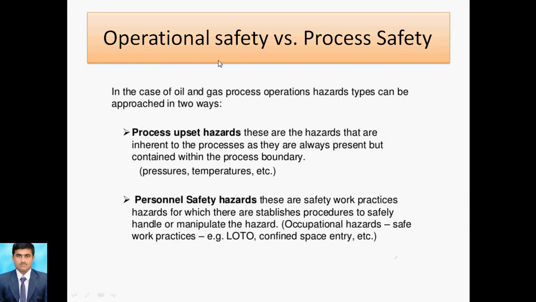That time we can take different hazardous conditions and study them. This is mostly in oil and gas processes. As per that, we can take personal safety hazards as well as operation safety hazards also. So this is regarding process safety management. Thank you.